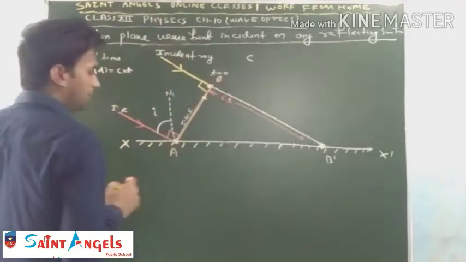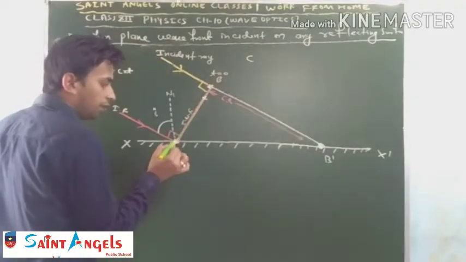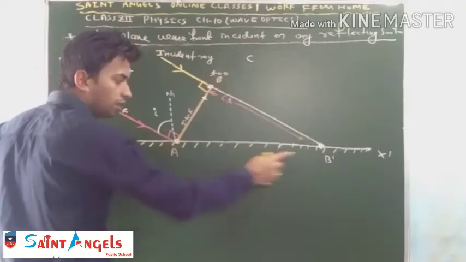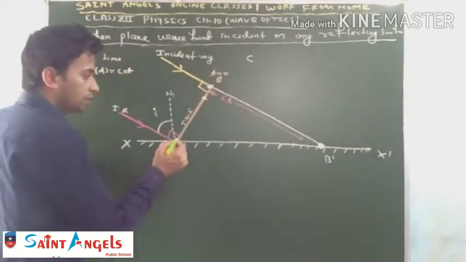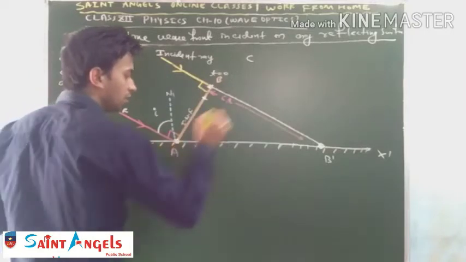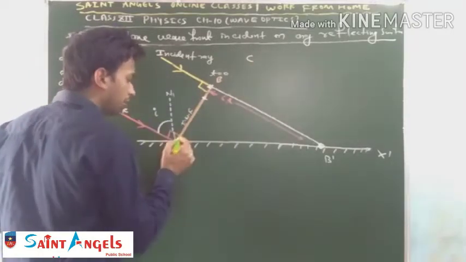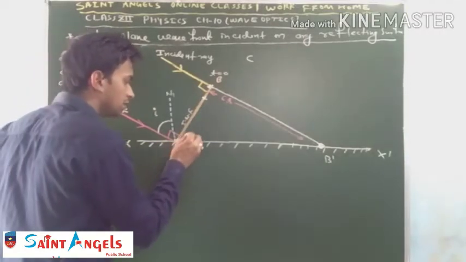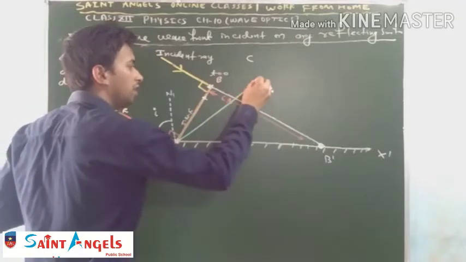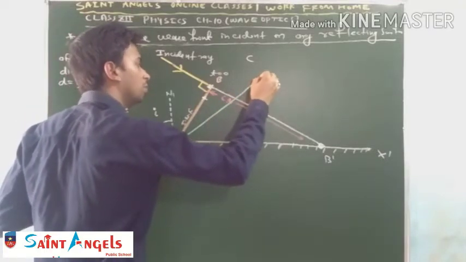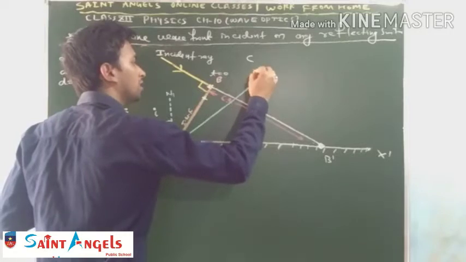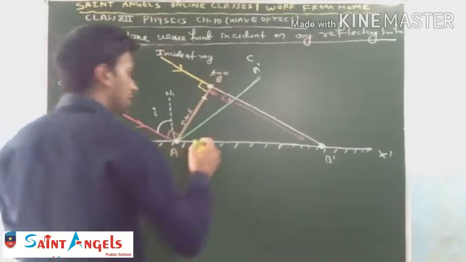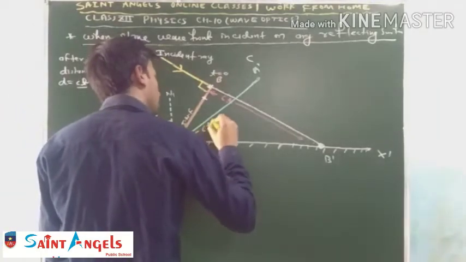Now in time t, the particle at A on wavefront AB is reflected by the reflecting surface and returns back in the same medium. It also travels a distance ct and reaches point A dash by traveling distance ct.